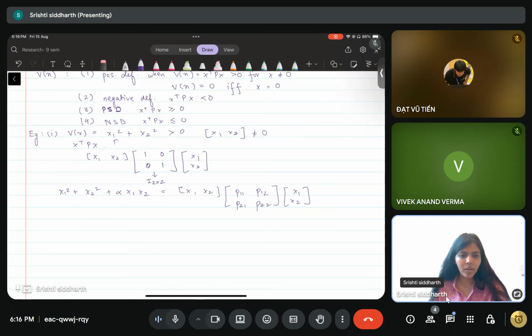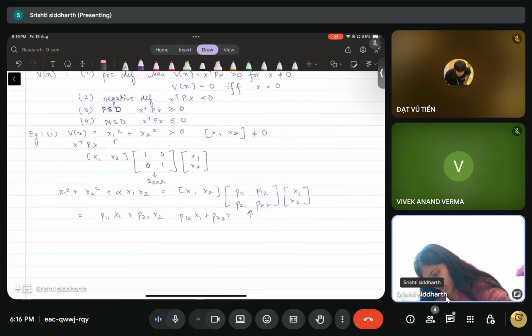We just have to determine all the elements of the P matrix. That's easy, right? Then the second element, p12 x1 plus p22 x2, and so on.